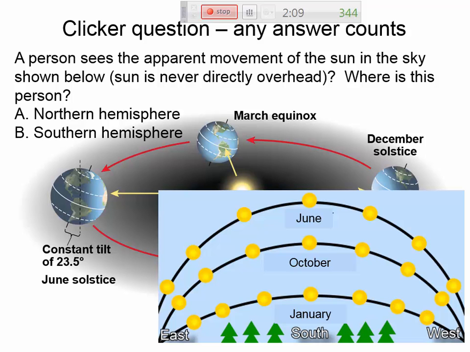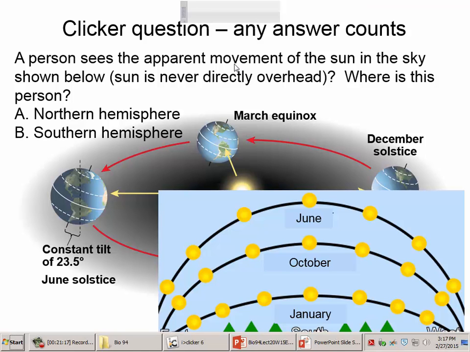Okay, everybody figured it out? So for 99%, that's what I'm hoping for here. All right. Okay, it looks like everybody's clicked in. Let's see what you guys think.